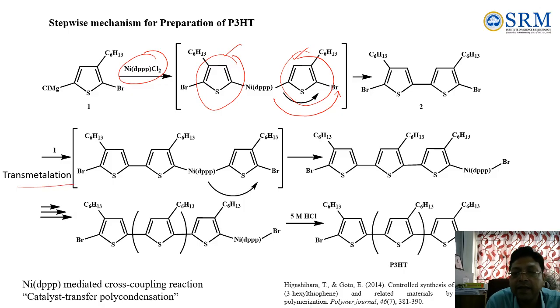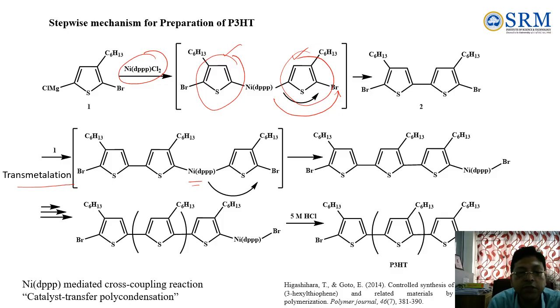So when the nickel is transferred to this position, it can add another monomeric unit. And again, through transmetallation, it will go here. It comes in between this carbon and bromine. So this is how the condensation coupling takes place, and in head to tail orientation, this polymerization is carried out.